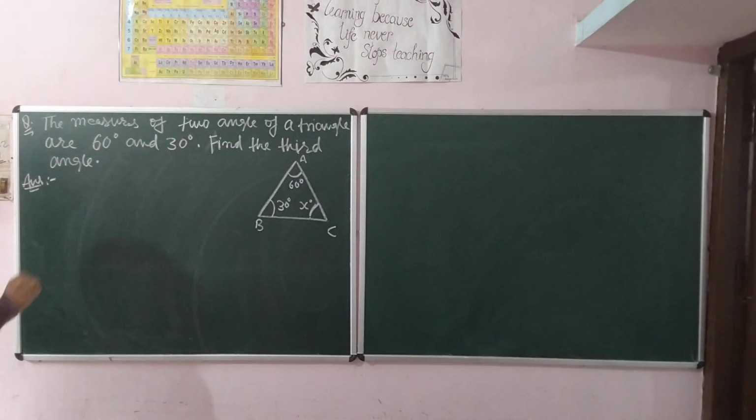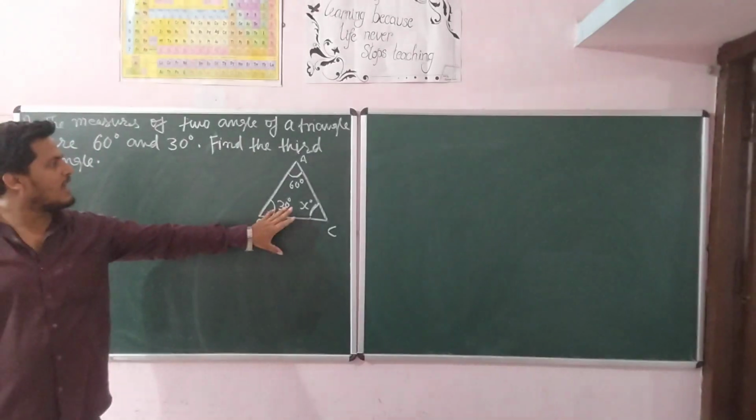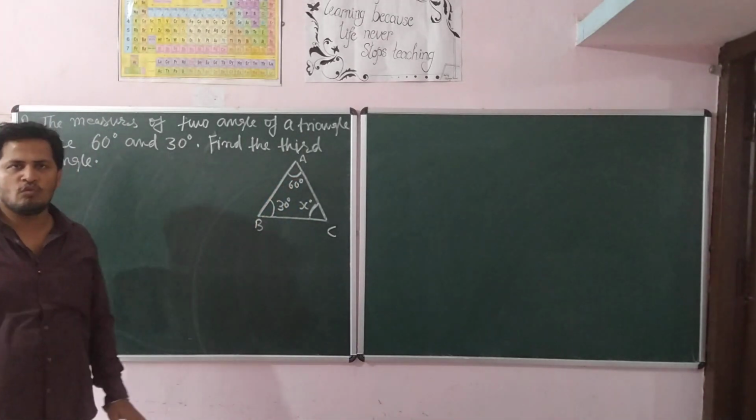Okay. Now, what is the angle sum property of a triangle? That is the sum of all angles of a triangle is equal to 180 degree.